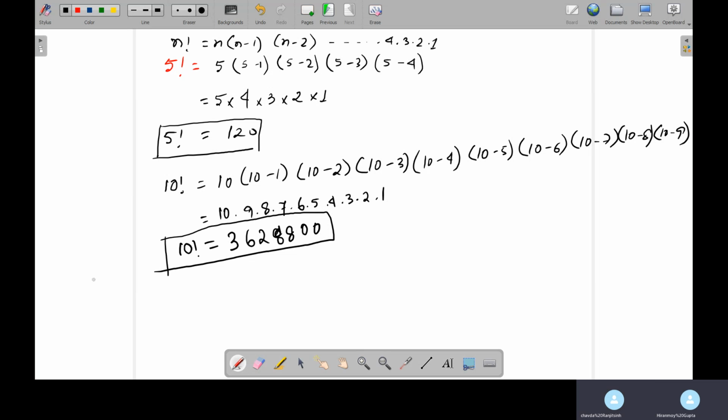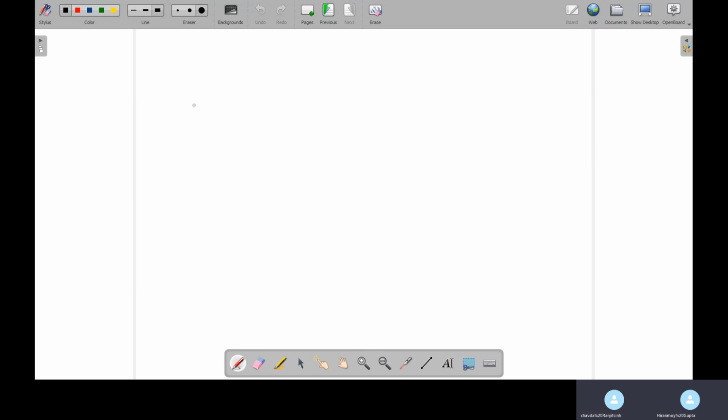Now this is a part of factorial. Now if I am giving an example of nCr, as we have already discussed, the nCr formula is n factorial over n minus r factorial and r factorial.